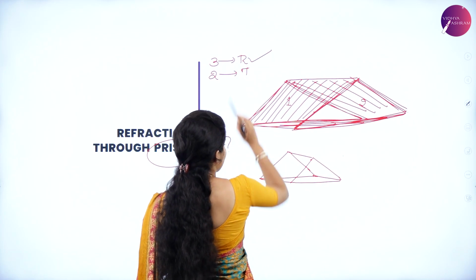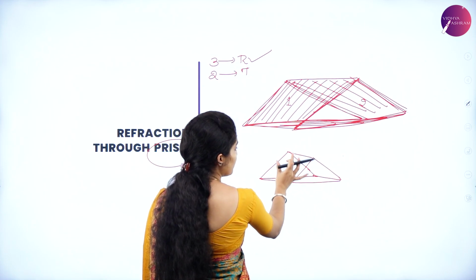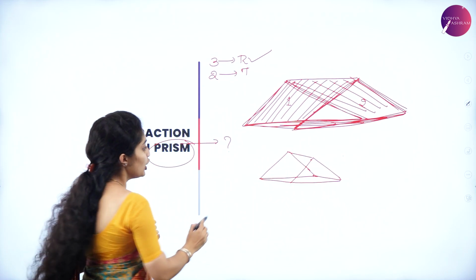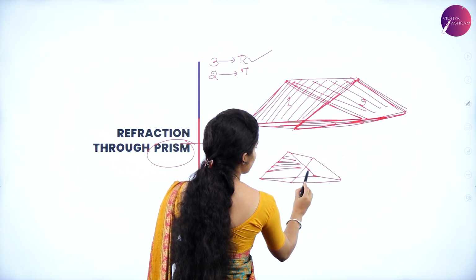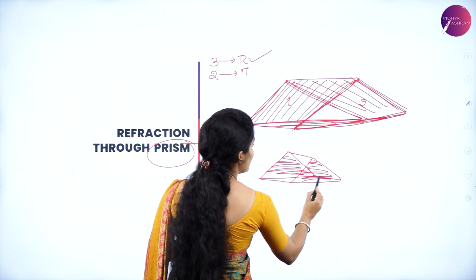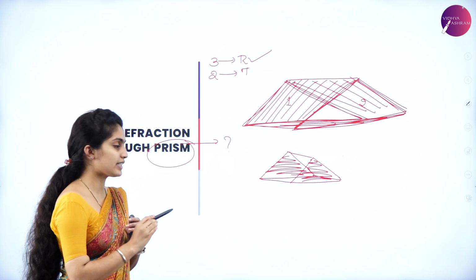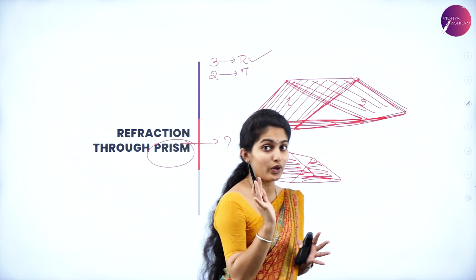There are three rectangular surfaces, one triangle in front and one triangle behind. So you have three rectangular surfaces and two triangular surfaces, which gives you a prism.